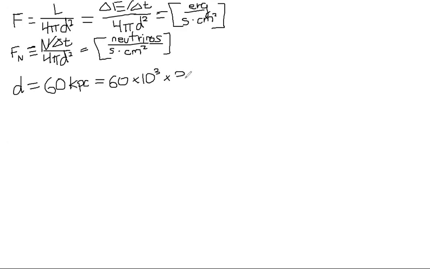And then we should just do this problem in CGS because we're specifically being asked for our final answer to be in CGS units. So we'll need to know how many centimeters there are in a parsec, and that is 3 times 10 to the 18th. And we have nice round whole numbers, so we can actually do this without a calculator to get 1.8 times 10 to the 23 centimeters. Okay, 1/3 of the way done.